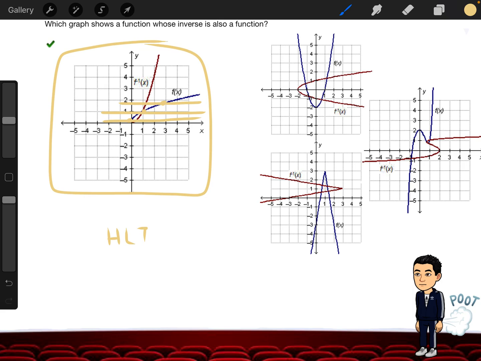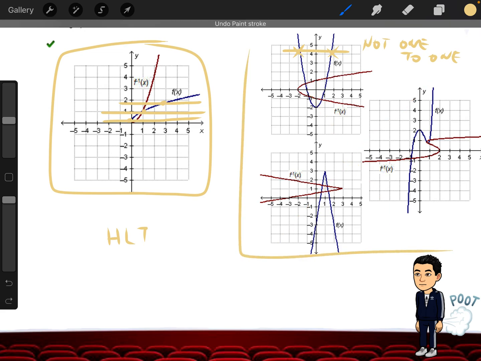Now I'm going to show you the other three, and why they're not. Check this out. Look at this horizontal line test. I have 2 points of intersection, so it's not one-to-one. As a matter of fact, none of them on the right-hand side are one-to-one.